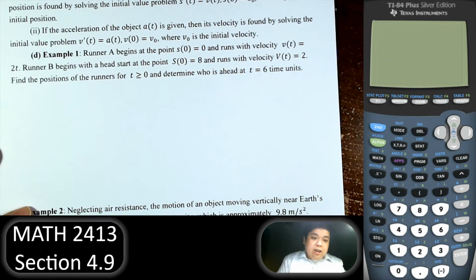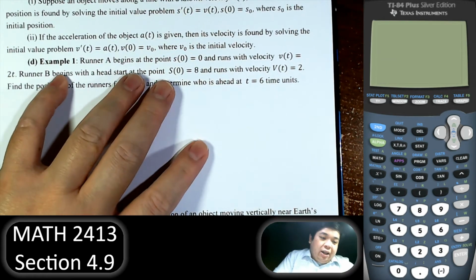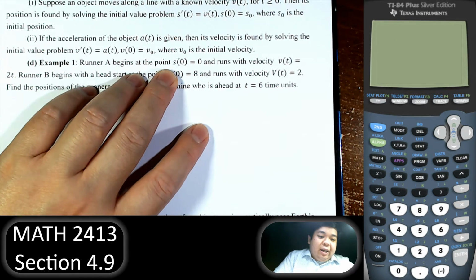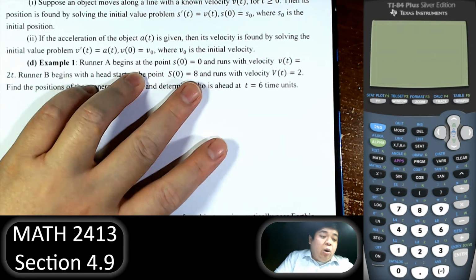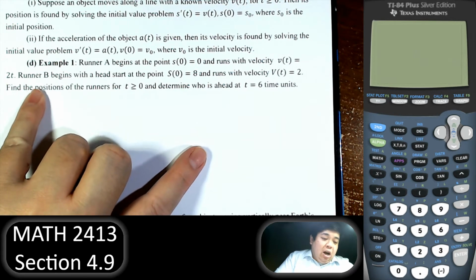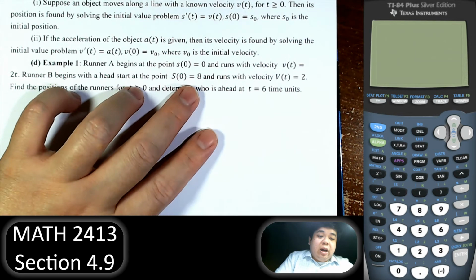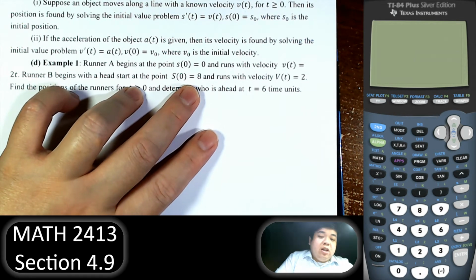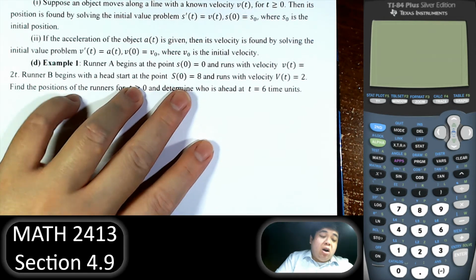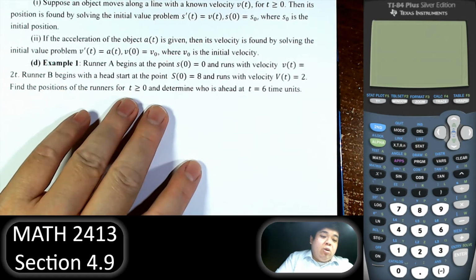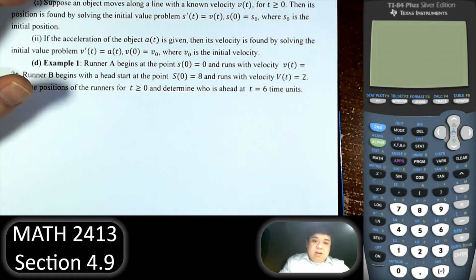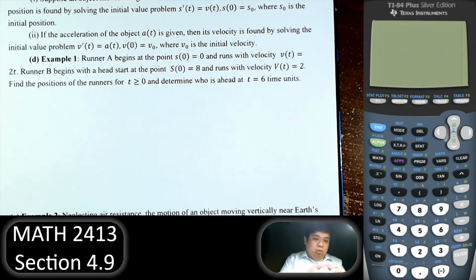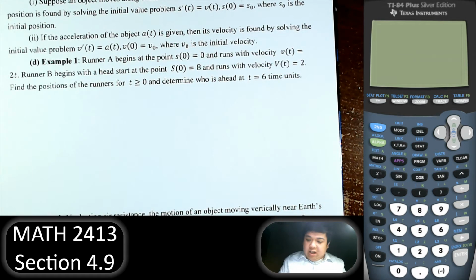So let's look at this example. Runner A starts at the point s of 0 equal to 0, and runs with the velocity of 2t. Runner B, with a head start at 8, runs with the constant velocity of 2. Find the position of each runner and determine who is ahead after 6 time units, because we didn't specify the unit here, so we just say 6.